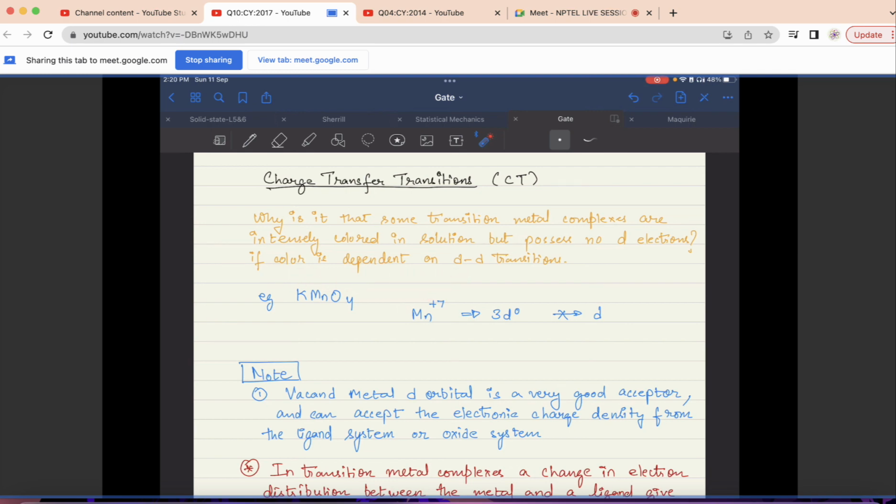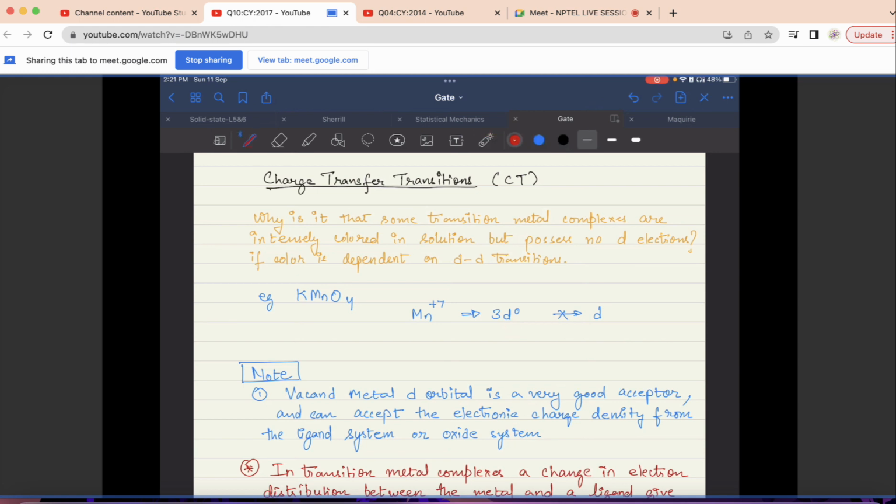So if there is no electron in the d orbital of the metal, then what is the reason for the intense color of a metal complex? For example, KMnO4, where manganese has oxidation state +7 with the electronic configuration of 3d0, so there is no electron in the d orbital.